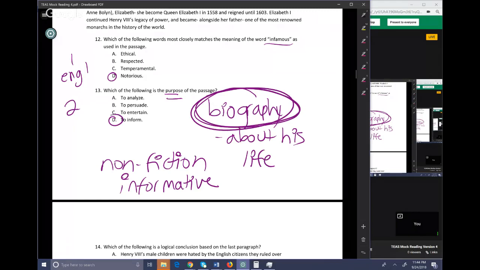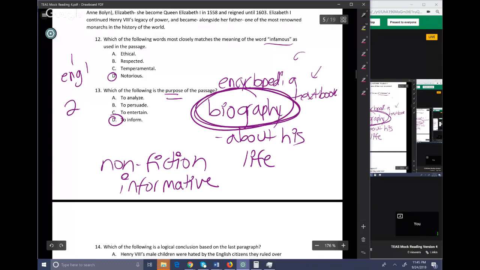And where we often find those is going to come up in reading Mock 5, which would be potentially something like an encyclopedia, a textbook, something that is an academic type source. So if we're reading about someone's life, we need to recognize that we're reading an informational article about someone's life. We don't find that in a newspaper.